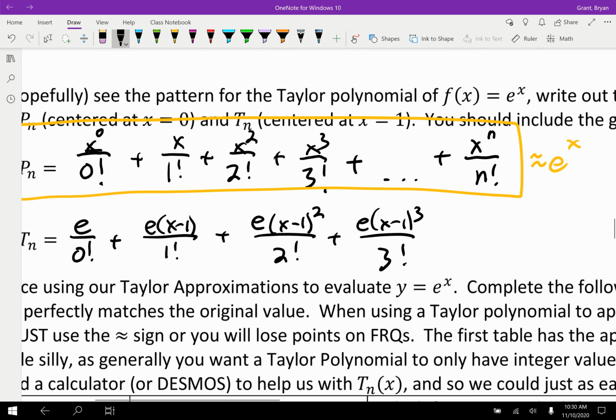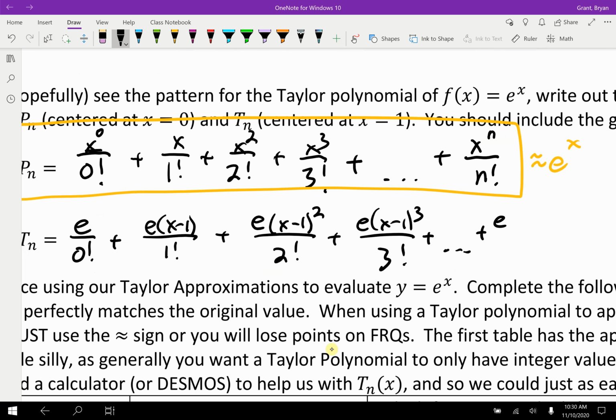Let's get that general term. Think about what's constant. I think there's an e every time and there's an x minus 1 every time. What's changing? Well, the exponent and the factorial. And so we have our general term. Okay, I'll box this one in red so you can see the difference. You do not need to memorize the one in red.